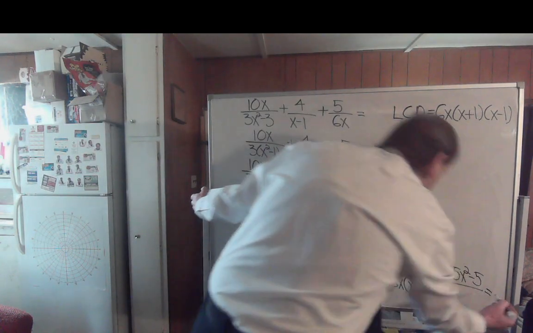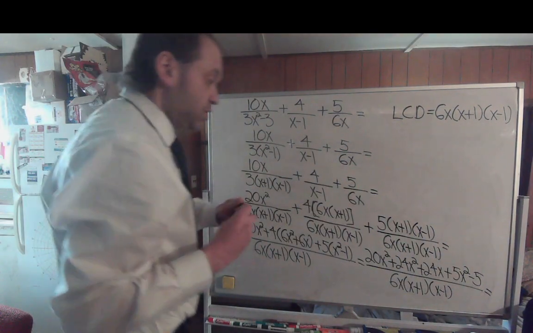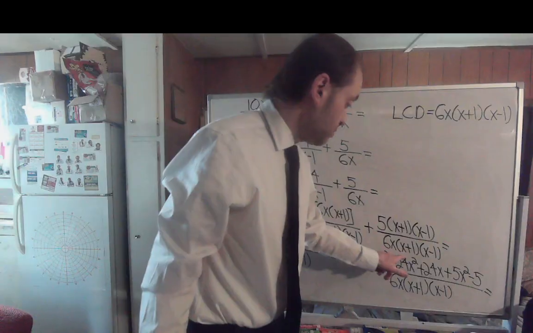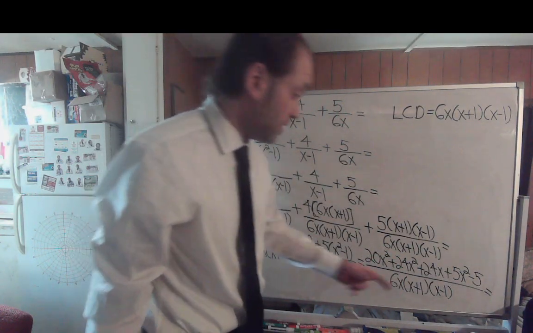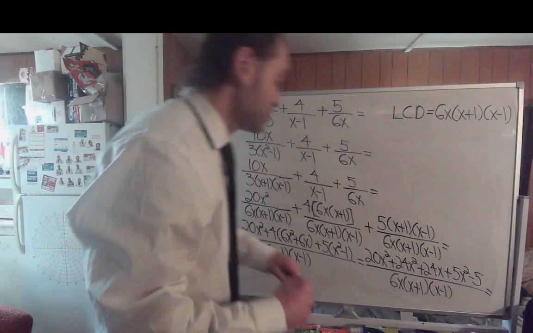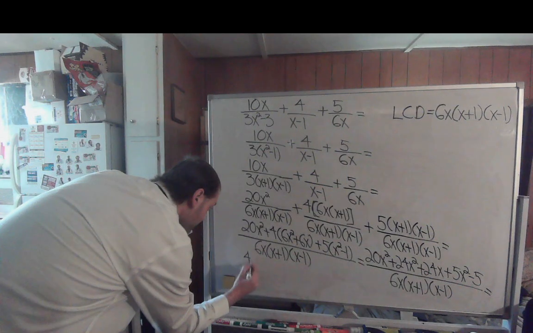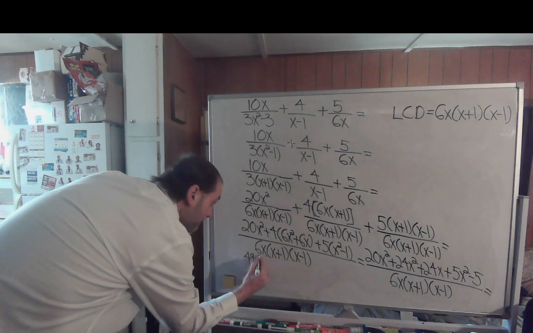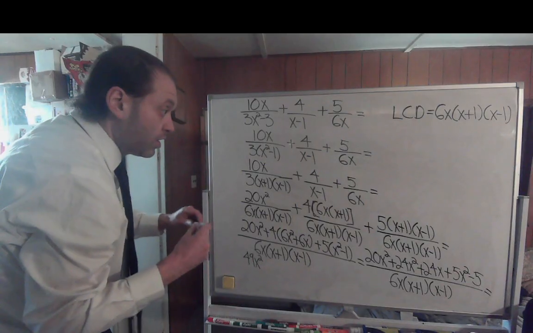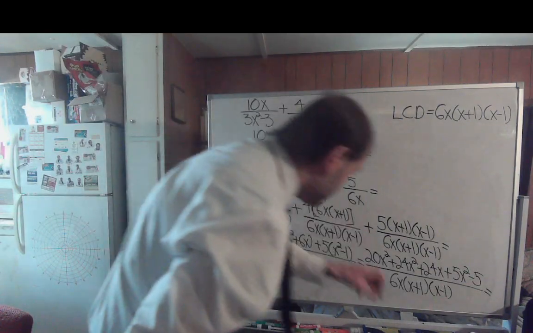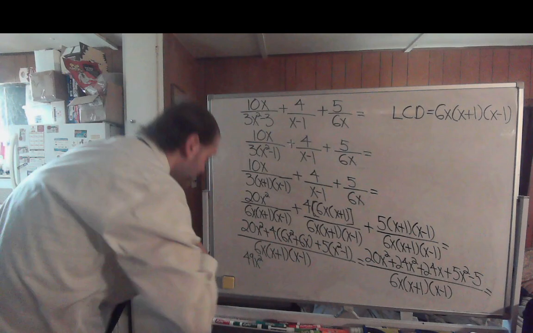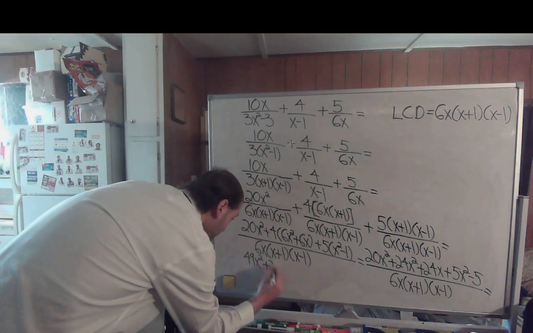Now let's simplify by collecting like terms. So 20x squared plus 24x squared is 44x squared plus 5x squared. That would actually become 49x squared. All right, then you have 24x, you just have that plus 24x.